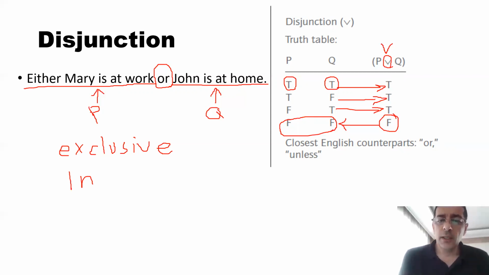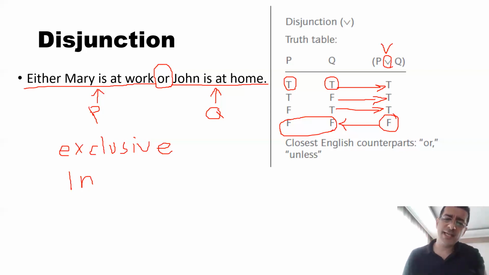So in inclusive, it means that if one is true, the other one is not necessarily false. One is true, the other one can be true, or both of them can be true. So it can be the case for both, right?